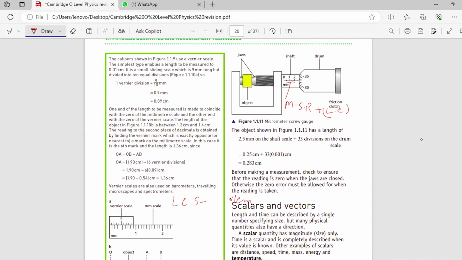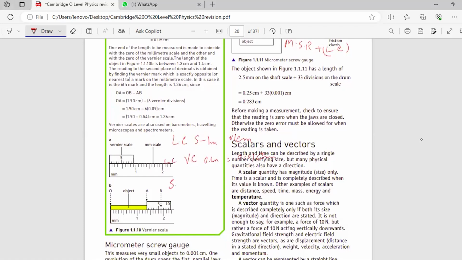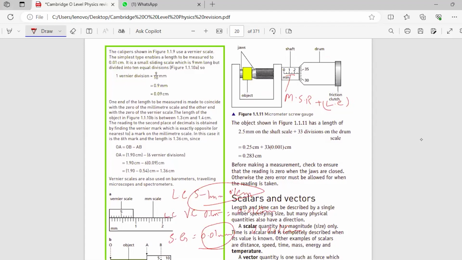The least count of the vernier caliper is 0.1 millimeters or 0.01 centimeters. And the least count of the screw gauge is 0.01 millimeters or 0.001 centimeter. You must remember these least counts for the scale and the screw gauge. Least count is the minimum division measurement on the instrument.